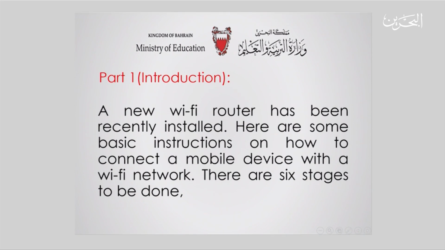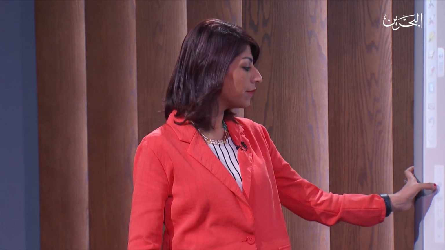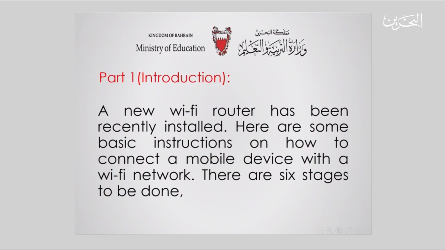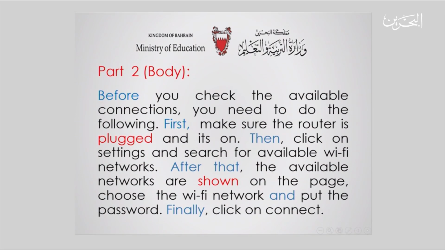So, as I have already mentioned, we have to give a very brief introduction about the process that you are going to write about, as well as mentioning how many stages I am going to follow in order to have this process or procedure done. Moving to the second part, which is the body.